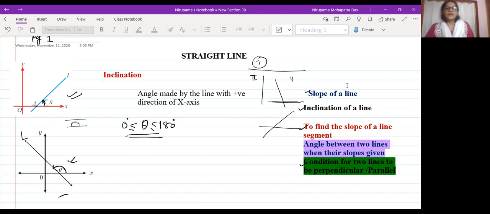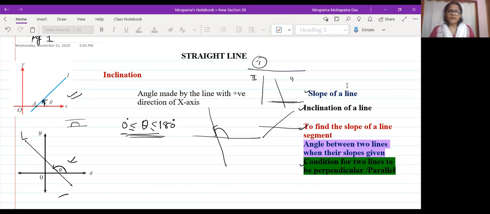Okay. So anyway, theta lies in the closed interval 0 to 180 degrees, right? So the angle is made by the line with positive direction of x-axis. Whenever you take any line, suppose this is x-axis, the angle should be taken like this, in both the cases.